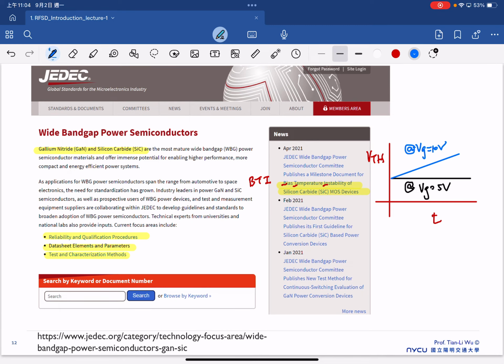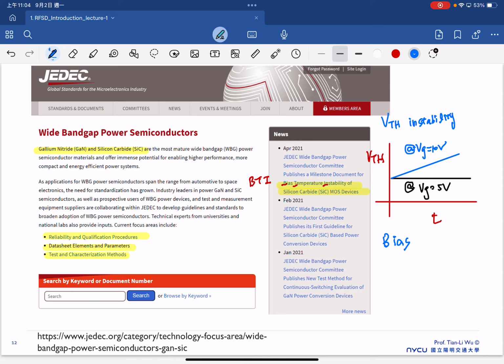So this threshold voltage instability generally depends, first, on bias. Large bias, more degradation, more shift. I think that can be understood.